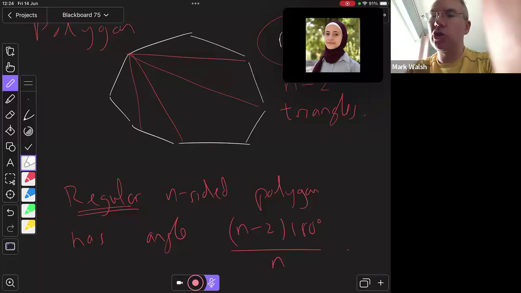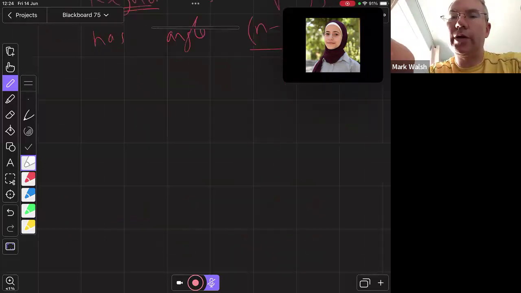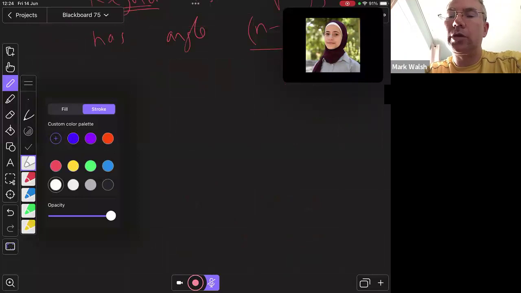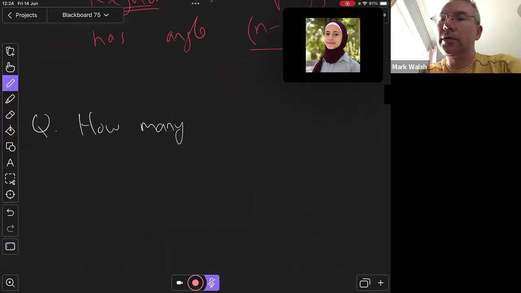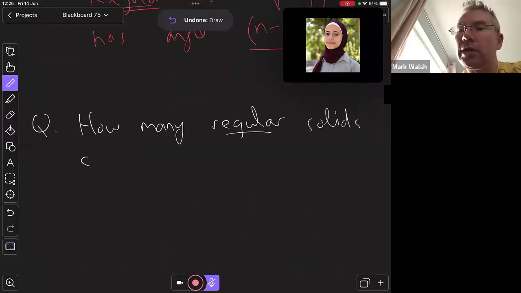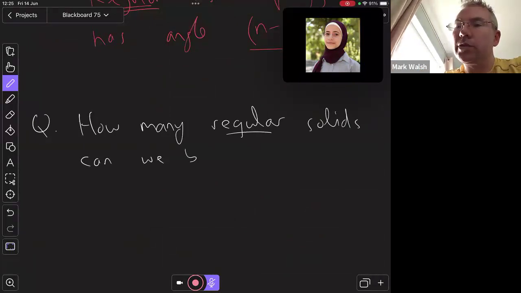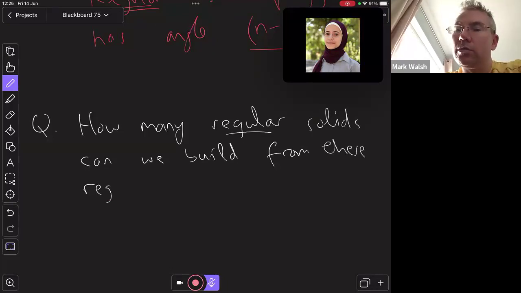Okay, so now let's talk about the solids. So question: how many regular solids can we build from these regular polygons?